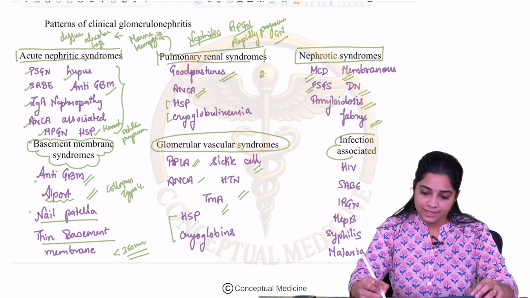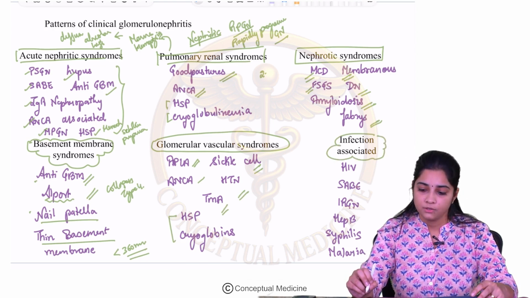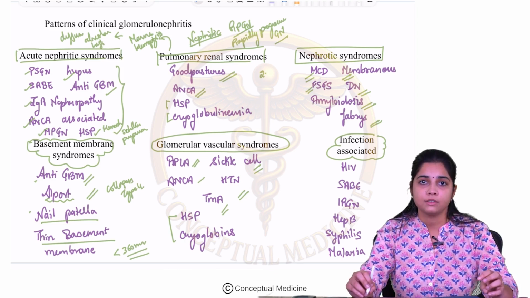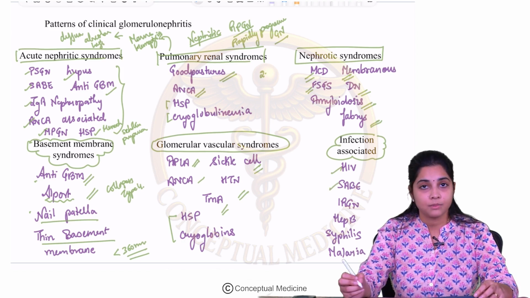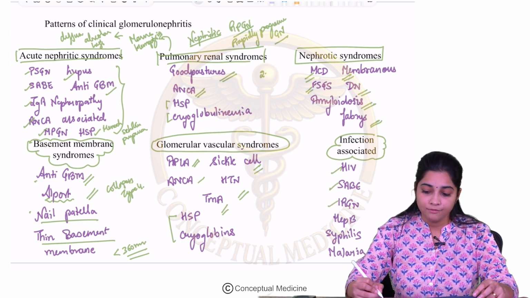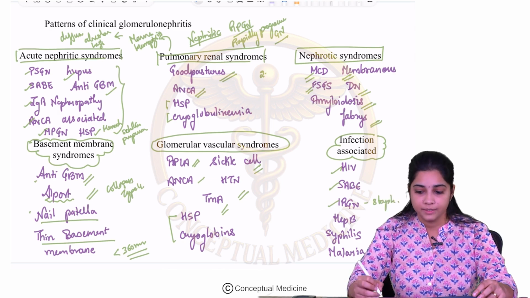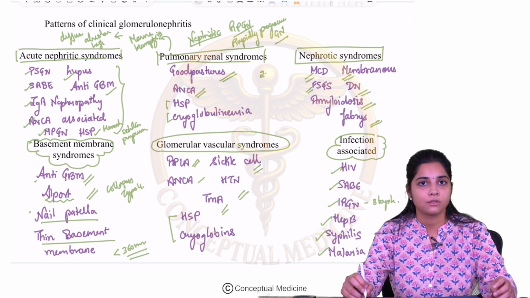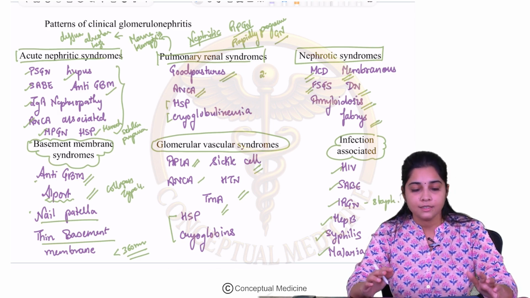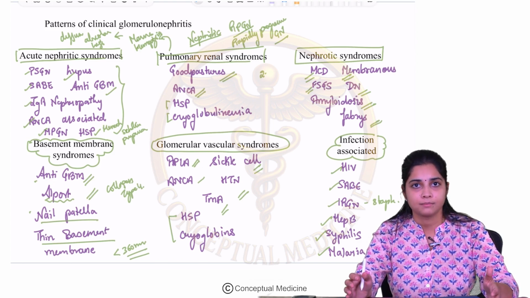And the last clinical syndrome is your infection-related glomerulonephritis. Different infections can cause glomerular diseases. So HIV-associated, we have seen in subacute bacterial endocarditis, infection-related glomerulonephritis most commonly due to staphylococci, hepatitis B, syphilis, malaria, all of these can cause glomerulonephritis. So this is about the different patterns with which your glomerulonephritis can present.